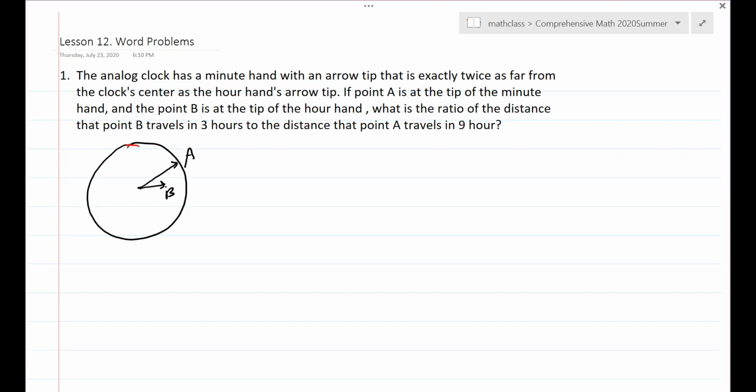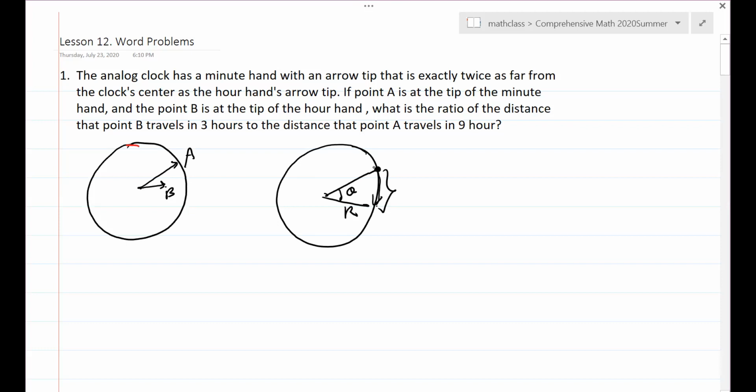So what we need here is the following formula for a circle. If you have the radius r and this is the angle theta, this is the distance from here to here.